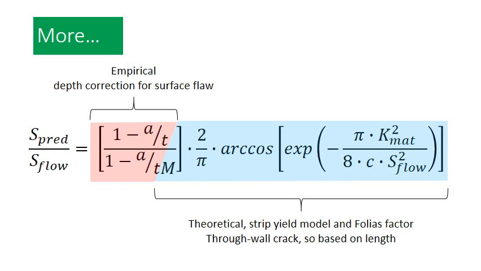And that mathematical wonkiness comes in the form of a big chunk of that log-secant model for surface cracks is theoretical based on length. All that blue section there in the equation, that's really just the through-wall crack assessment model that's been Frankensteined into our typical NG18 term, which is empirical. So that to me doesn't seem to be the best way to do things.